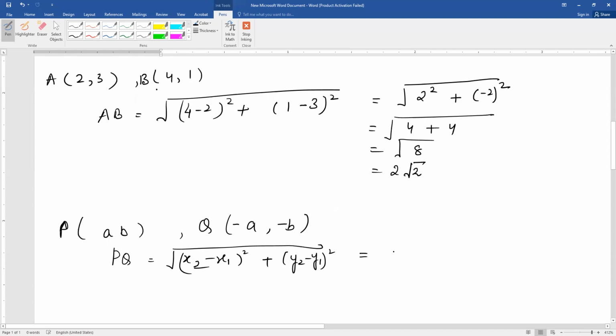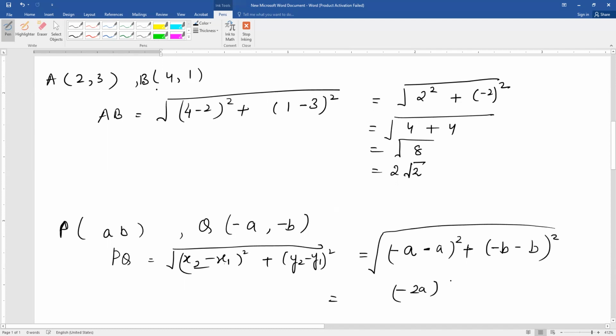Now what is x2 here? It is minus a minus x1, a whole square, y2 is minus b, minus, फॉर्मूले का और b है y1 का whole square, whole under the root. What do we get?